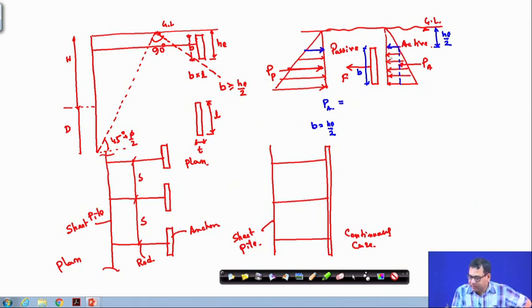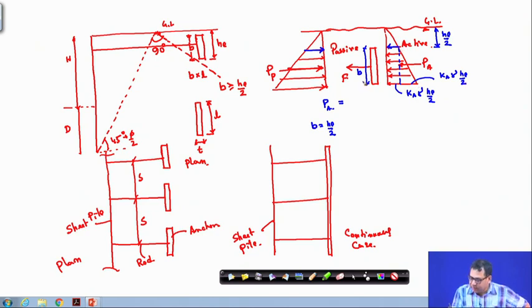I can take one rectangle and another triangle. This rectangle, this portion is definitely K_A into gamma into He by 2. And this portion is also K_A gamma He by 2, because this is from here 0 to here.